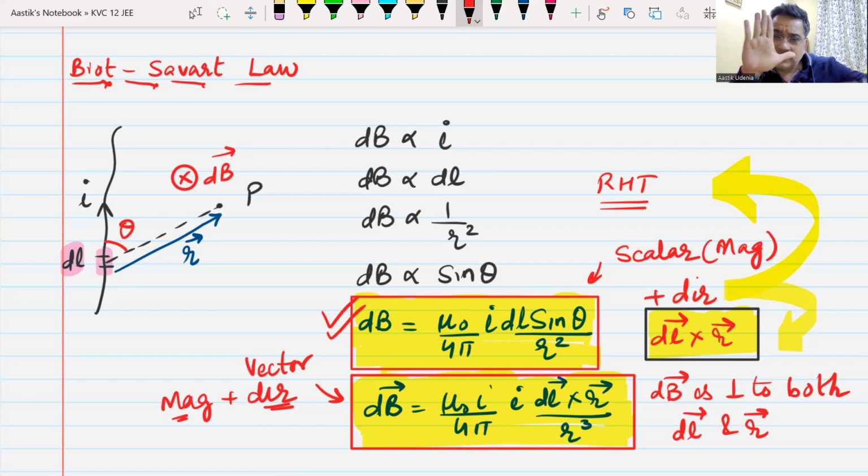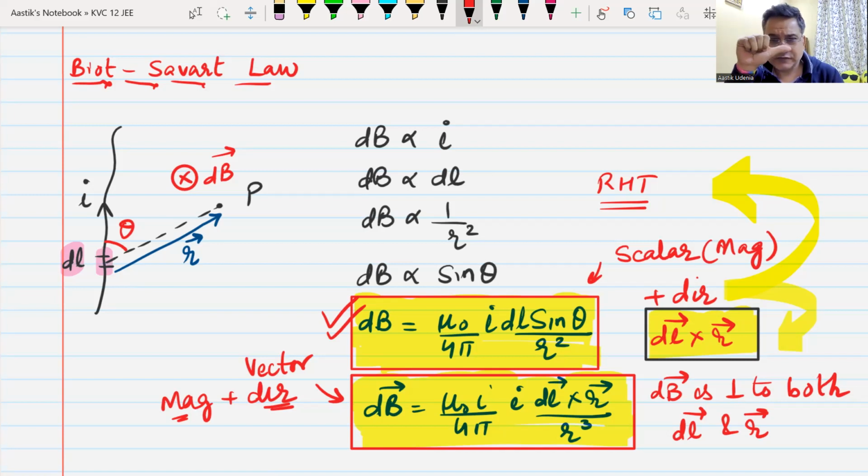Your palm will go in the direction of the second vector. These three are perpendicular directions. If you turn your fingers by 90 degrees, this will give you the direction of the cross product.